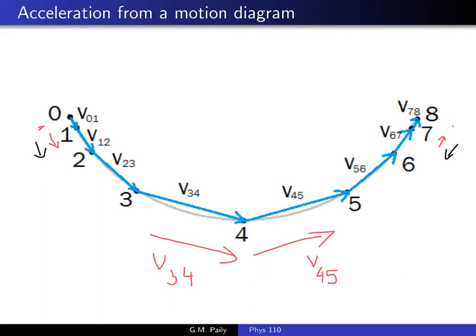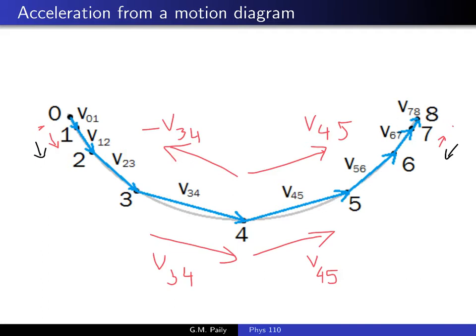But what we want is v45 minus v34. v45, and this now is minus v34. If we add these two vectors now, we have v45 minus v34.